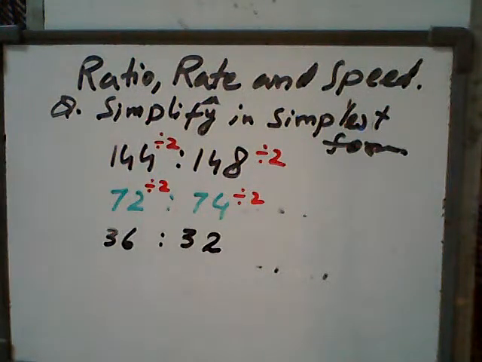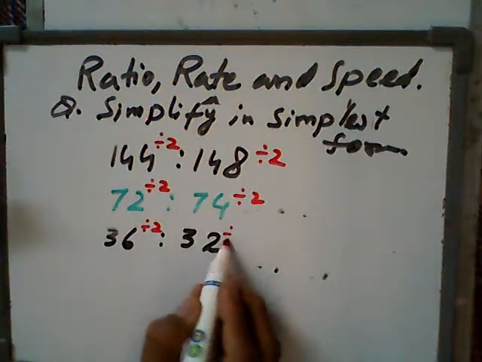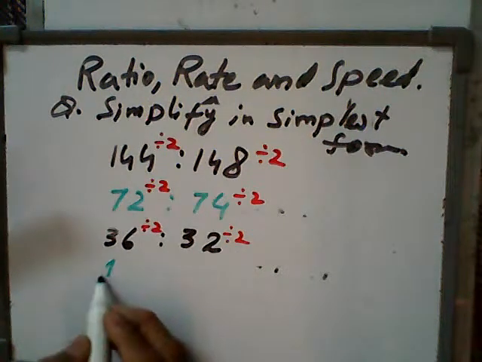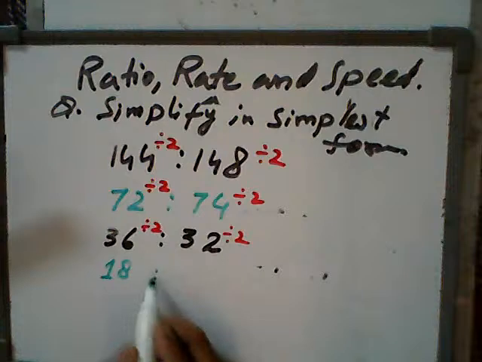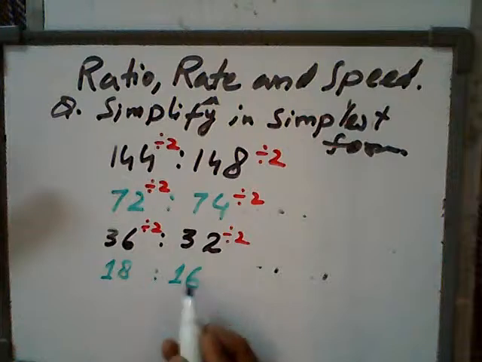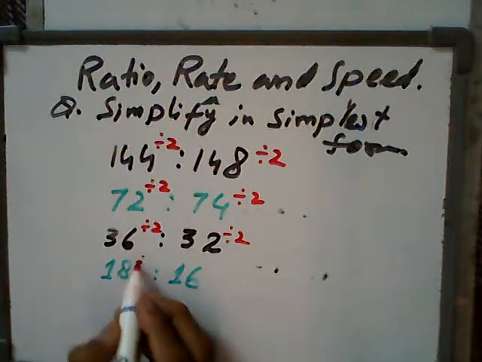Still both can be simplified in the table of 2, and it becomes 18 and 16. Again these both numbers can be simplified in the table of 2.